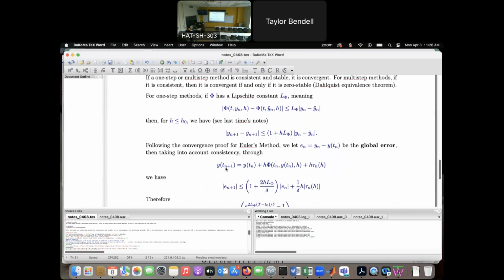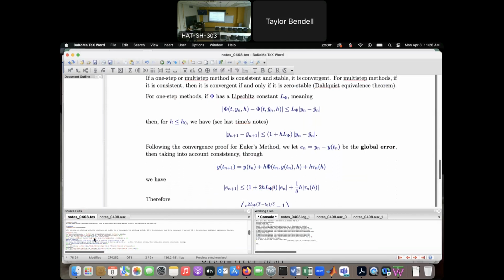So then, if I take this and subtract it from the numerical method, this is what I get. I get this relationship between the new error and the previous error.